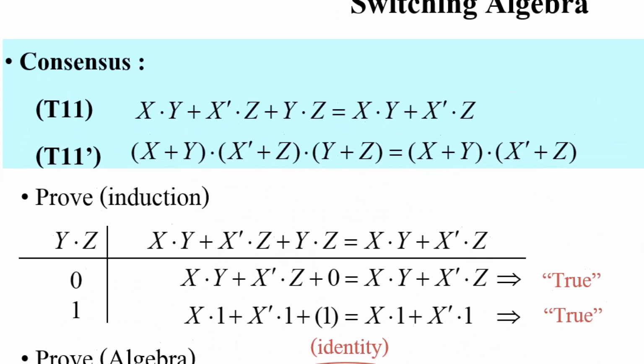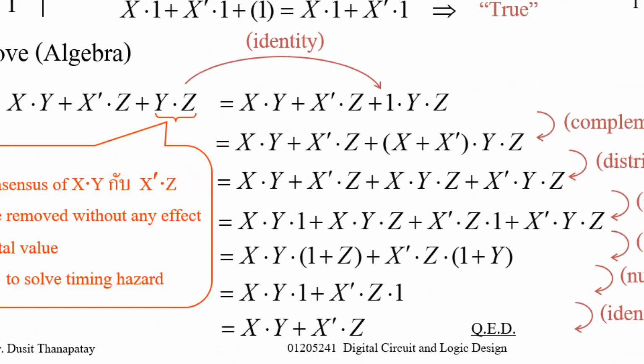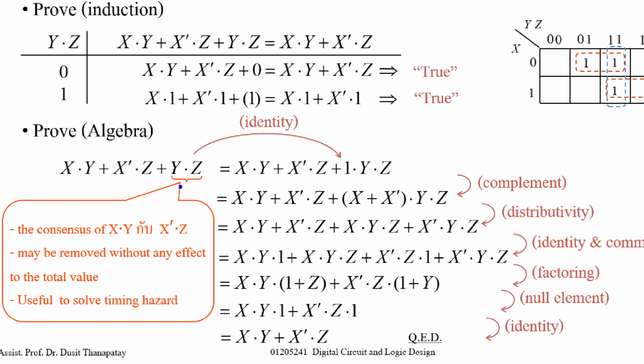Or you can use switching algebra to prove it. For example, let's consider this one, y and z. I add 1 and with this term, and I consider 1 as x plus x prime, the same value. Then I distribute this term, so it becomes x and y and z, x prime and y and z.